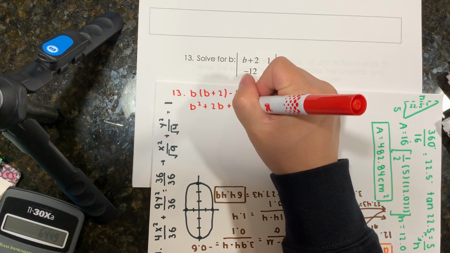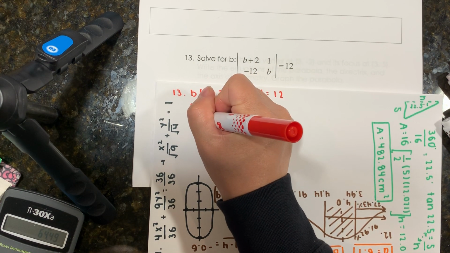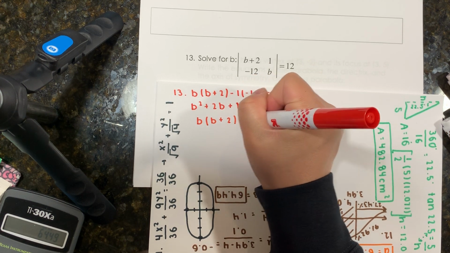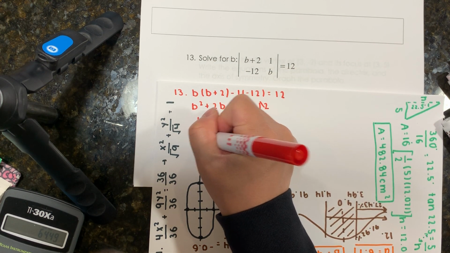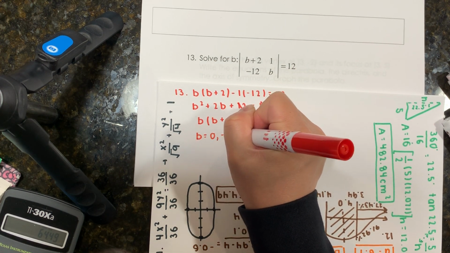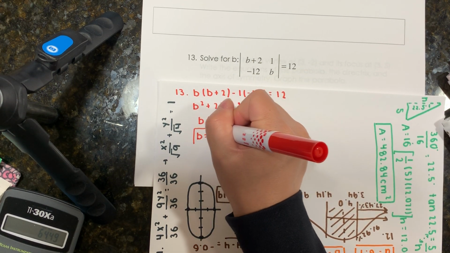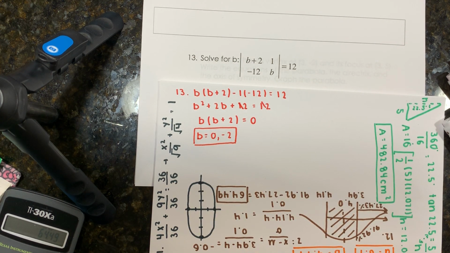You should see that the 12s on both sides are going to cancel. And if I factor out a B, I'm going to have B times B plus 2 equals 0. So to solve, you just set each of them equal to 0. So B is going to be equal to 0 and negative 2. And that is all you have to do for number 13.